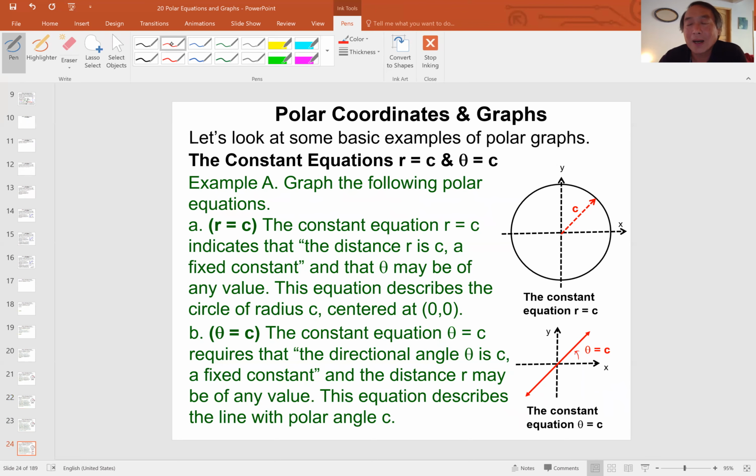Notice we are using negative r for directions going backward. So for example, if this point is equal to 1, pi over 4, I can then represent this point as negative 1, in the same direction, pi over 4.